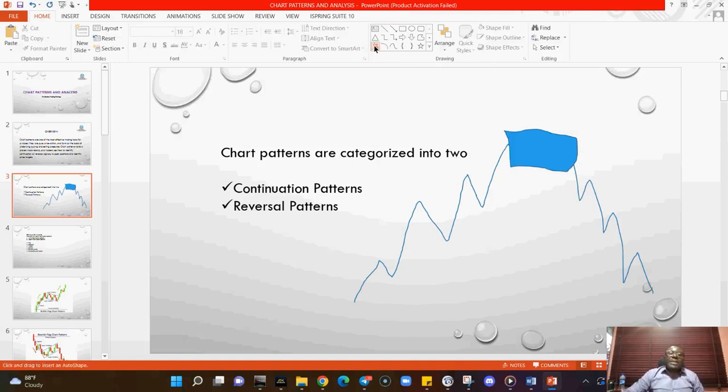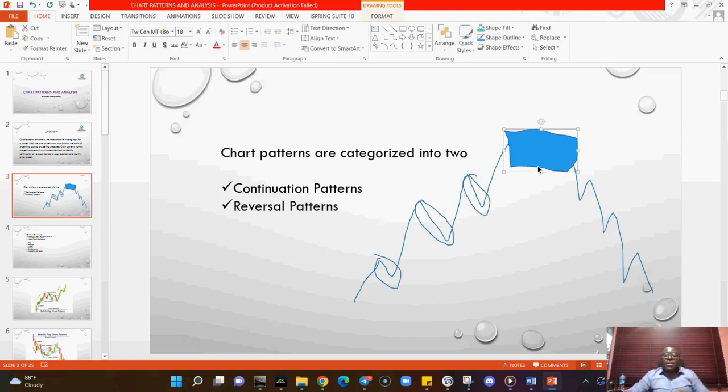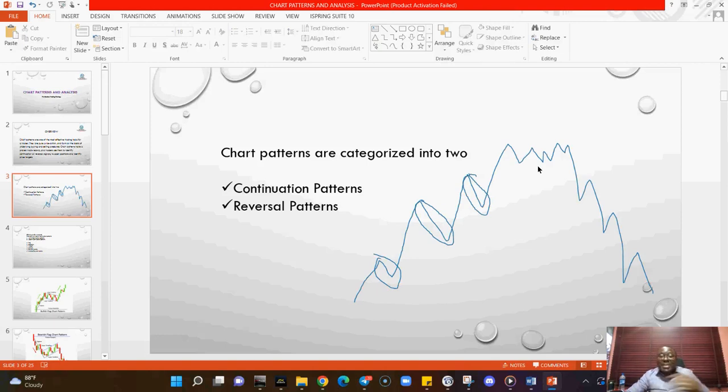But continuation patterns are seen within the trend, and they are seen as corrective structures around here, that will guide the trader who has been trained on how to identify them and take advantage of them.